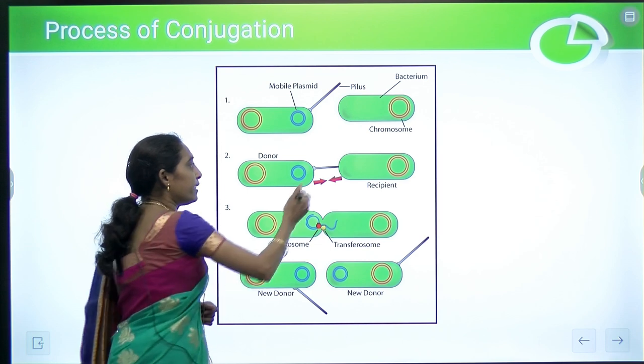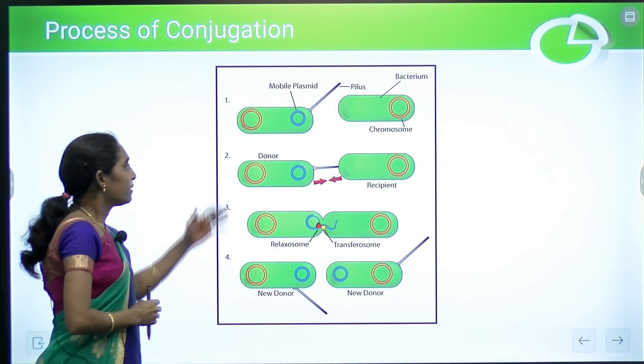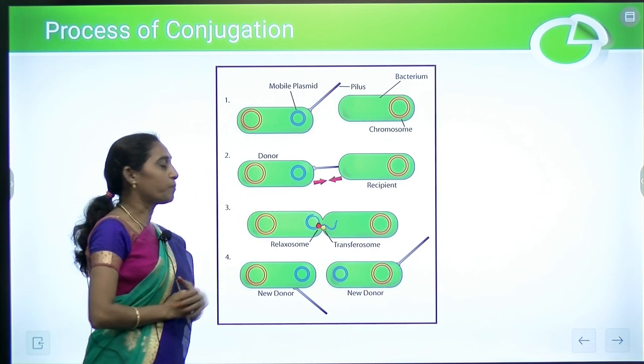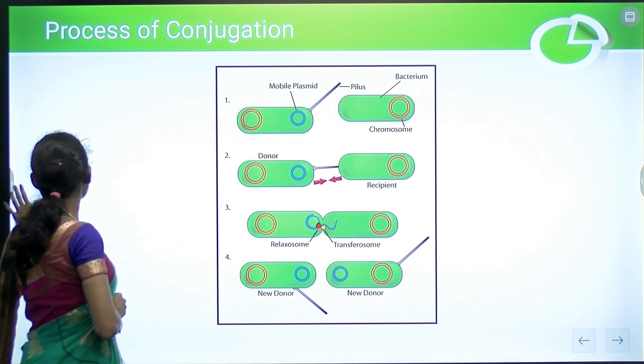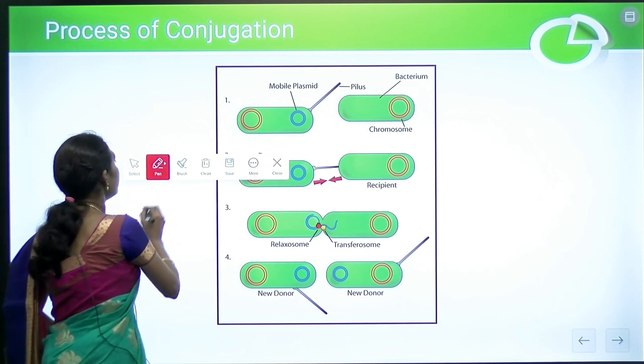After that, there is an establishment of a bridge between the conjugates, that is donor and recipient. It is the cytoplasmic bridge called the conjugation tube.